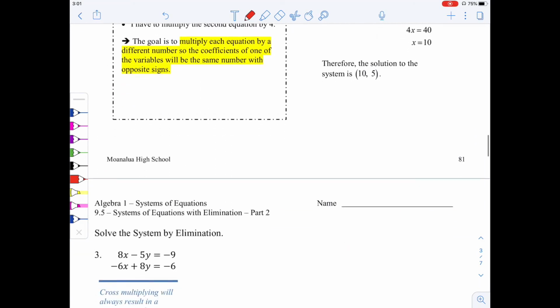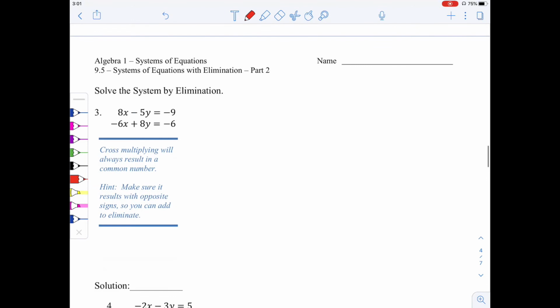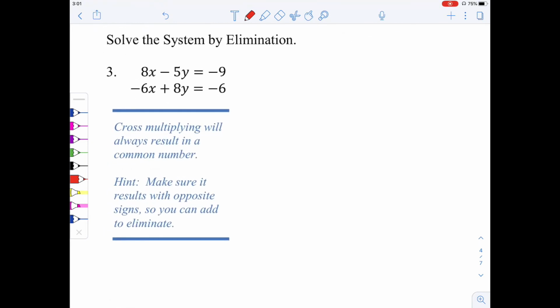Okay, so when you have more difficult ones, we can always just cross multiply. Cross multiplying will always result in a common number, and then make sure it results with opposite signs so you can add to eliminate. Because that's the goal. We want to add to eliminate.